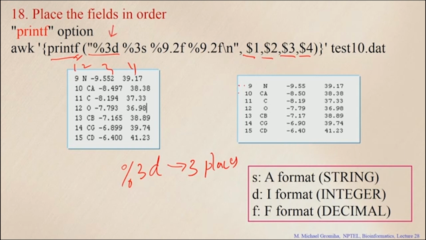This gives this order. And what is $2, the second field? The second field is a string. For a string we use this S format, it is the same as the A format in Fortran. So, this is S. How many fields do you need?